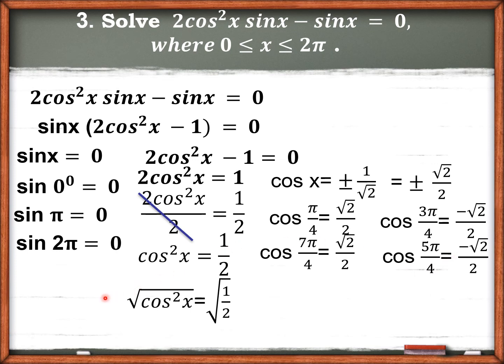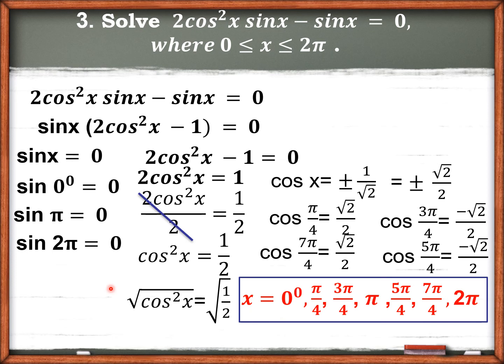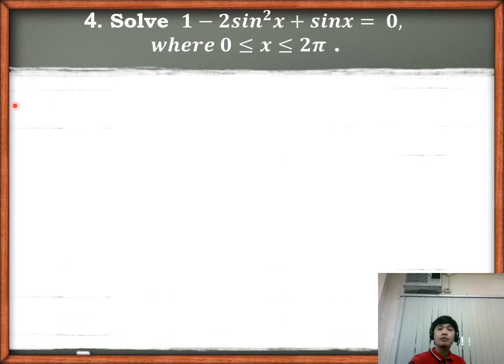So, in other words, the values of x that will satisfy our trigonometric equation from the interval 0 degrees to 2 pi, meaning in the first rotation from 0 to 360 degrees, are 0 degrees, pi over 4, 3 pi over 4, pi, 5 pi over 4, 7 pi over 4, and 2 pi.